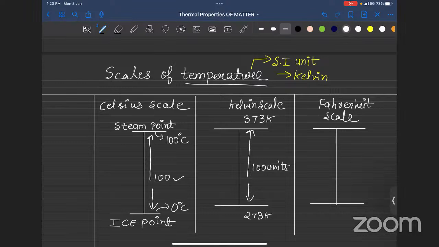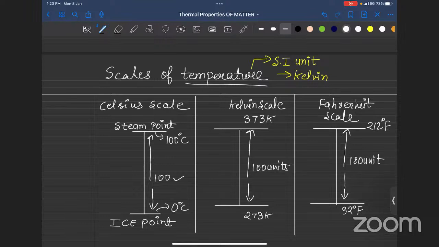This is 212 degrees Fahrenheit, and this is 32 degrees Fahrenheit. The difference between these two is 180 units, because 212 minus 32 is 180 only, isn't it? So here we have generated the scales.